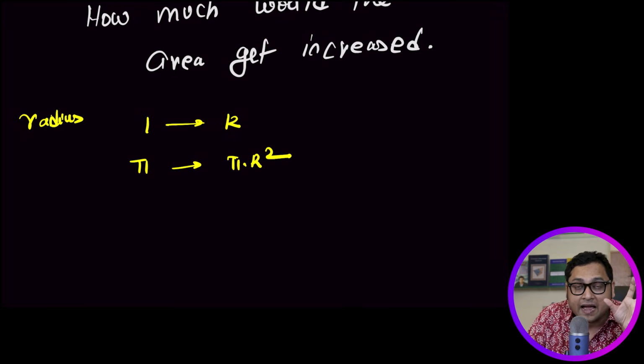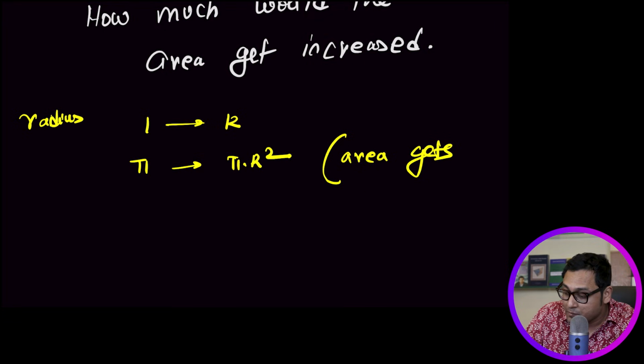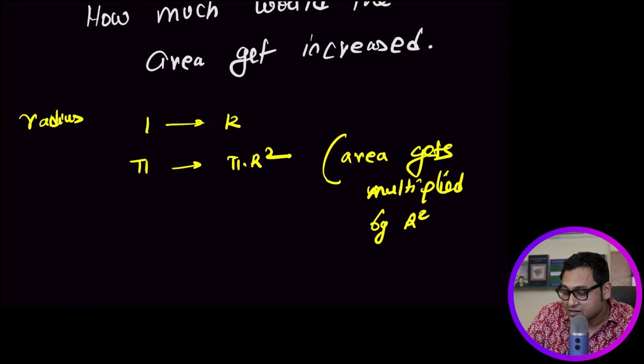So the area gets multiplied by r square. This is a common principle. If the side length of a rectangle or a square increases k times, its area would increase k squared times. If it's a parallelepiped like a cube or something, the volume gets increased k cube times. So this is a general principle of blowing up areas, volumes, etc. You can keep that in mind.